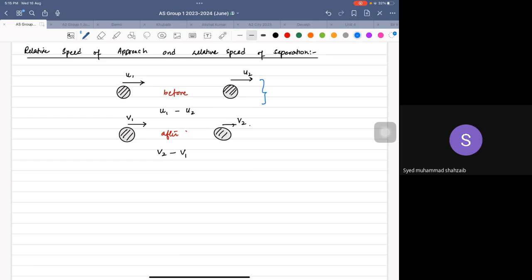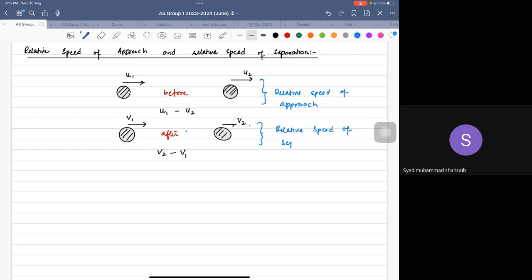The first part is called the relative speed of approach, and this one is called the relative speed of separation.